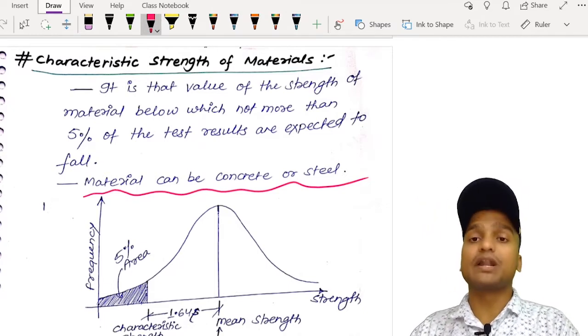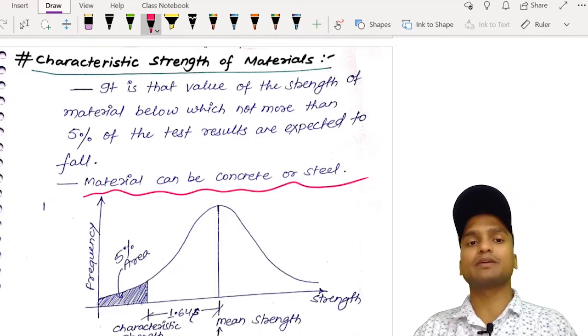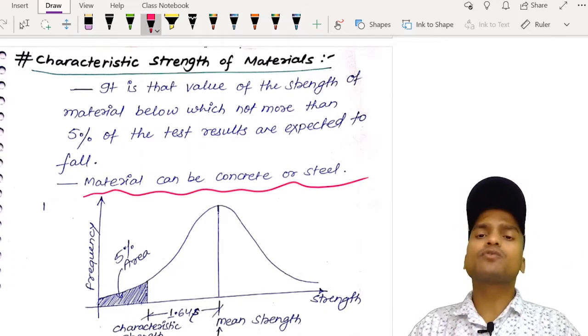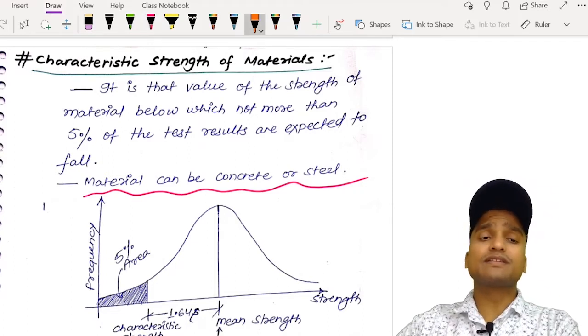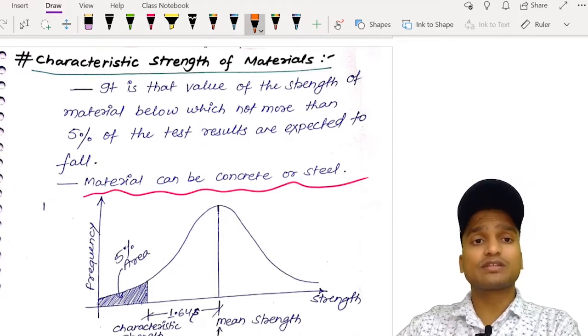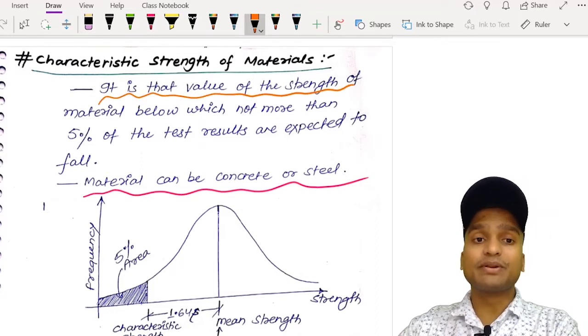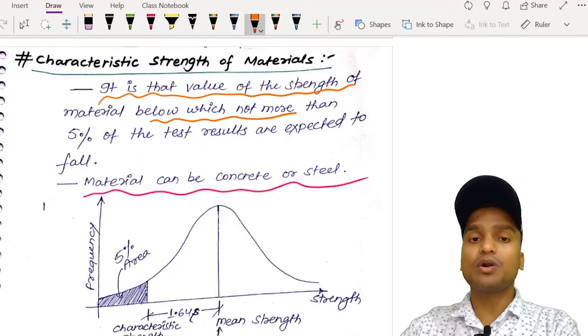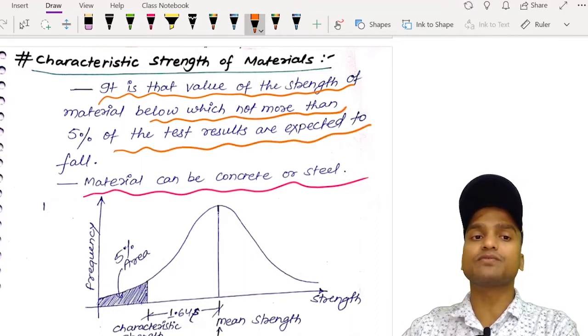Suppose we have taken 100 samples and we did the compressive strength test on each sample and we have got 100 results. So which result do we have to choose for the design? As per the definition, the characteristic strength is that value of strength of material below which not more than 5% of the test results are expected to fall.